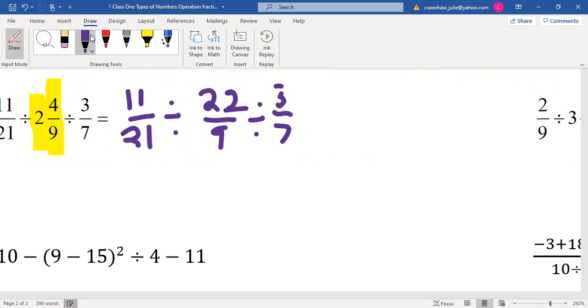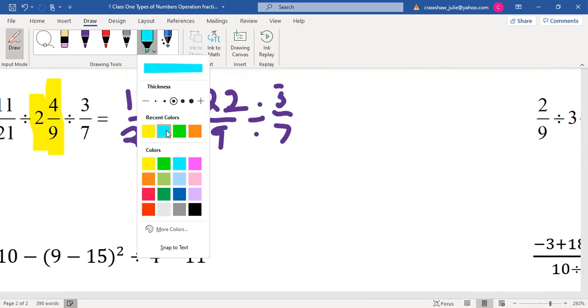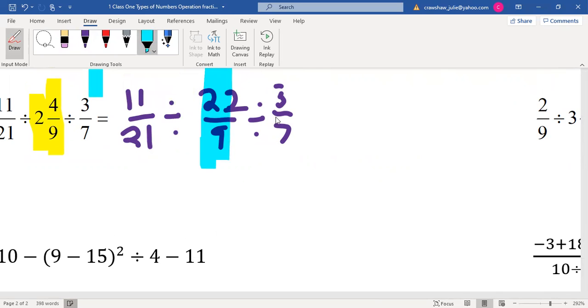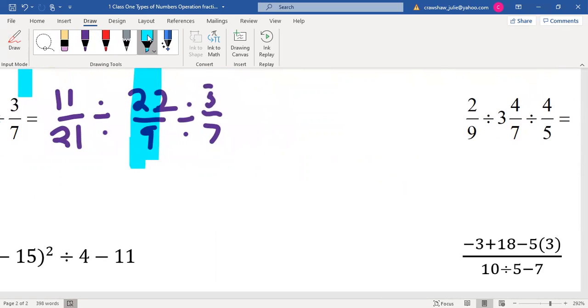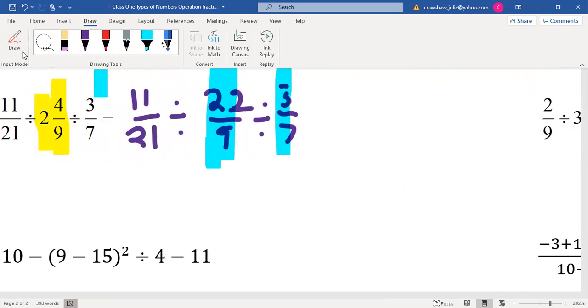Now, when I have a fraction divided by a fraction, the fraction on the right of a division sign is going to flip to its reciprocal. So what I do is I change the division to multiplication and flip the fraction on the right of the division sign to its reciprocal.